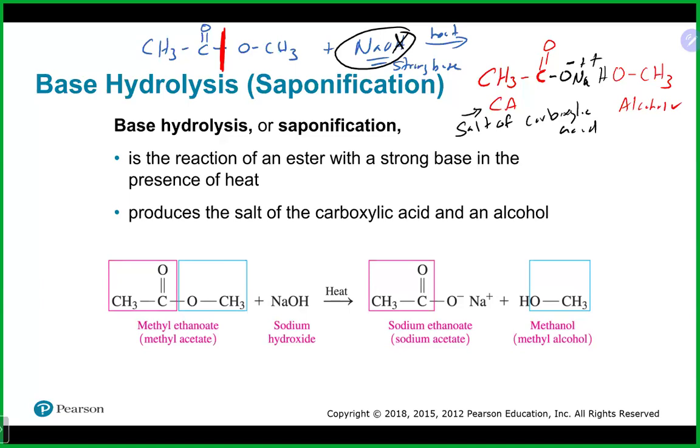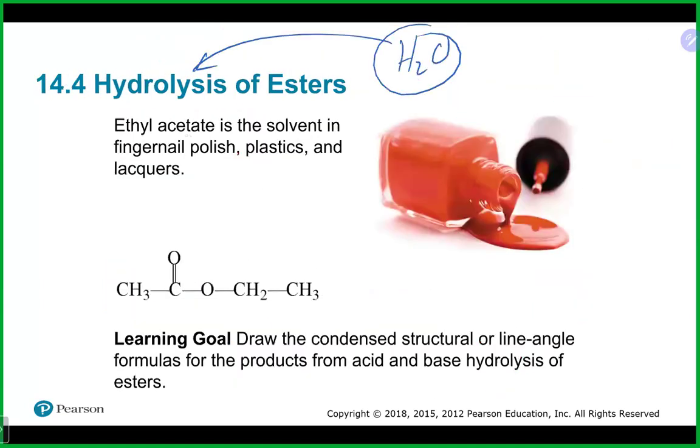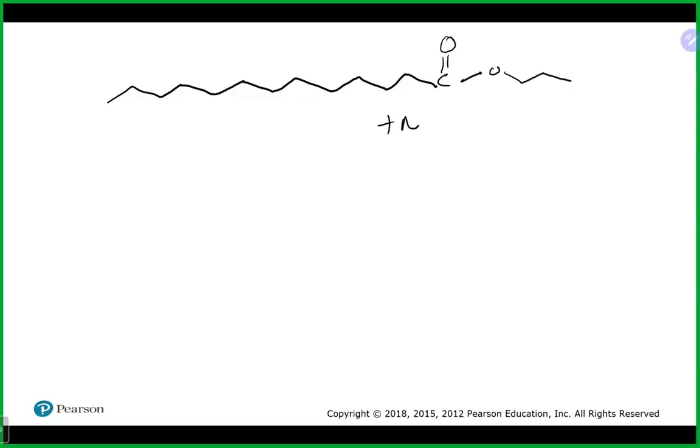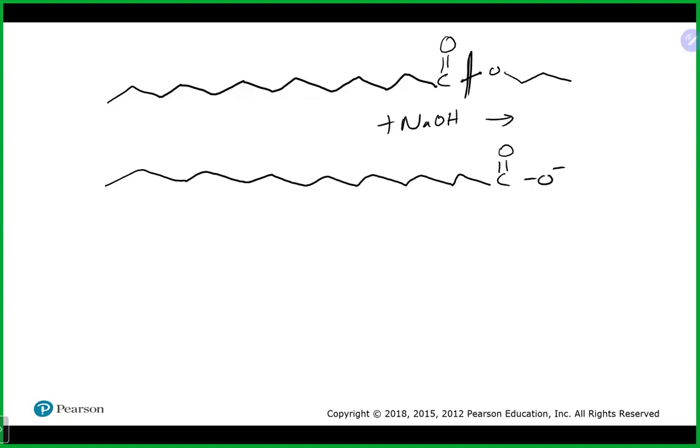Why this is called the saponification reaction is if you do this with a really long chain ester, in a sense, and you do this reaction with, say, sodium hydroxide, it will again break apart right there, and what you'll be left with, it's a really badly drawn thing, but you'll be left with something that looks like this.